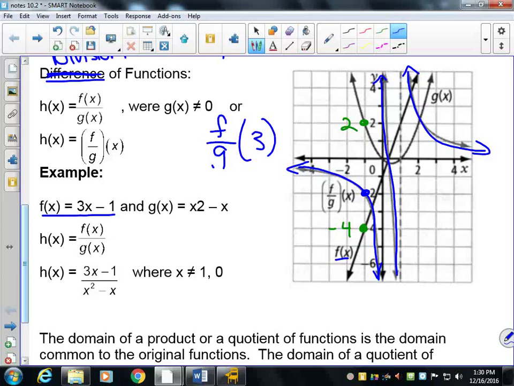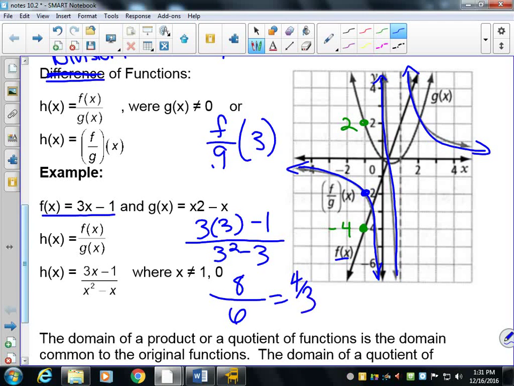Plug in 3 for every single x, right? That's what it means in the f divided by g, okay? So that'll give us 3 times 3 minus 1 over 3 squared minus 3. 3 times 3 is 9, minus 1 is 8, over 9 minus 3, 6, which gives me 4/3. And that, I think you guys could do, okay?